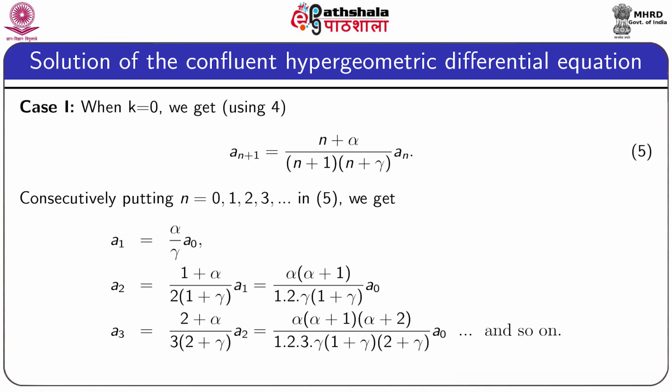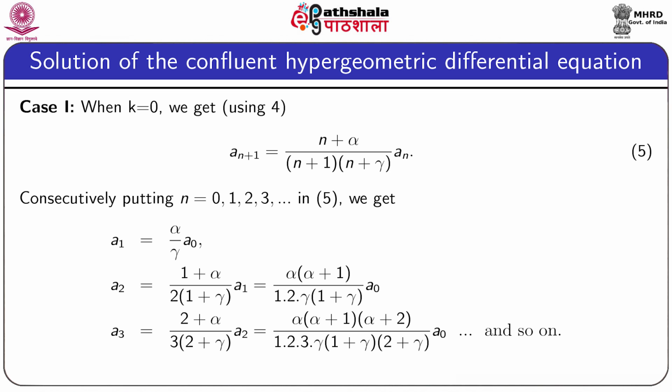Putting n equal to 0, 1, 2, 3 dot dot dot in equation 5, we get a1 is equal to alpha by gamma into a0, a2 is equal to 1 plus alpha divided by 2 times 1 plus gamma into a1, where we substitute the value of a1 from the previous expression here, and we get a2 is equal to alpha into alpha plus 1 divided by 1 dot 2 into gamma into 1 plus gamma into a0.